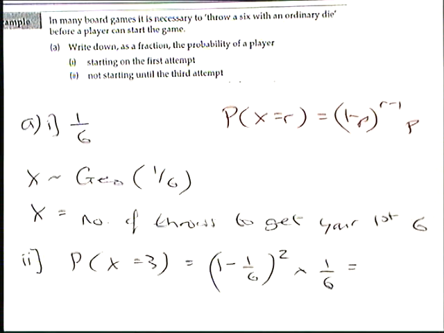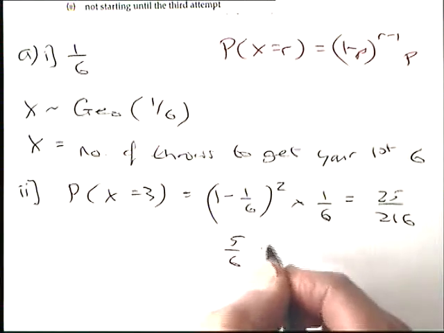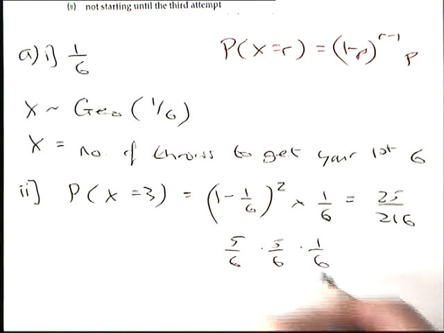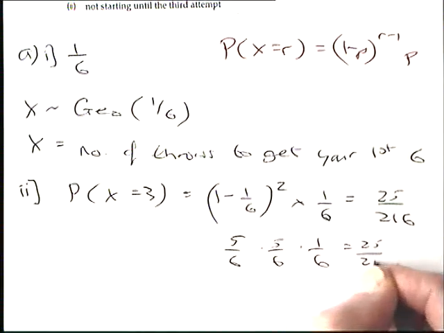Just say the question, actually, write it down as a fraction. I think it's 25 over 216, because what you've got here is 5/6 squared times 1/6. So times the tops you get 25, times the bottoms you get 216, and that one won't cancel down.